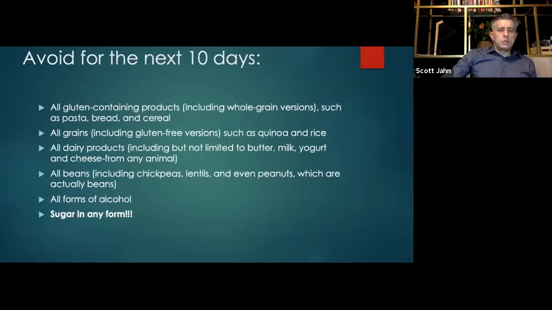And we're going to switch to more of a paleo diet. All dairy products too. We shouldn't be eating dairy anyway, unless you can get raw dairy, which I'm not sure we can get in this country. But dairy products are really bad. I wrote an article on why dairy is so bad for you. If you haven't read that and you're still eating dairy, I suggest you read it to at least educate yourself. It's on my blog, drscottjahn.com.